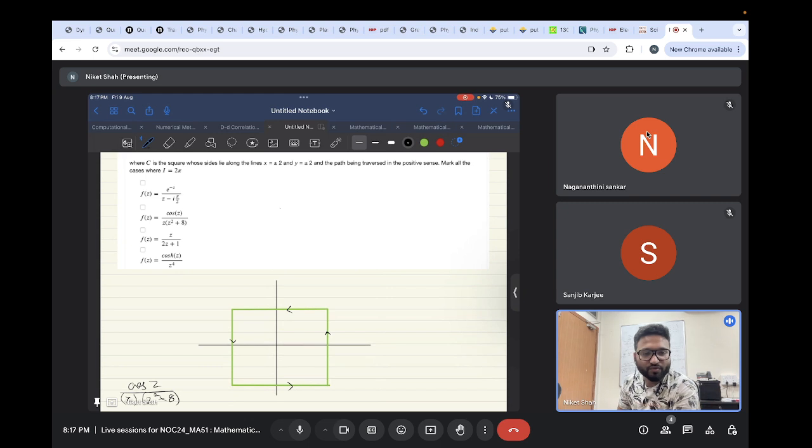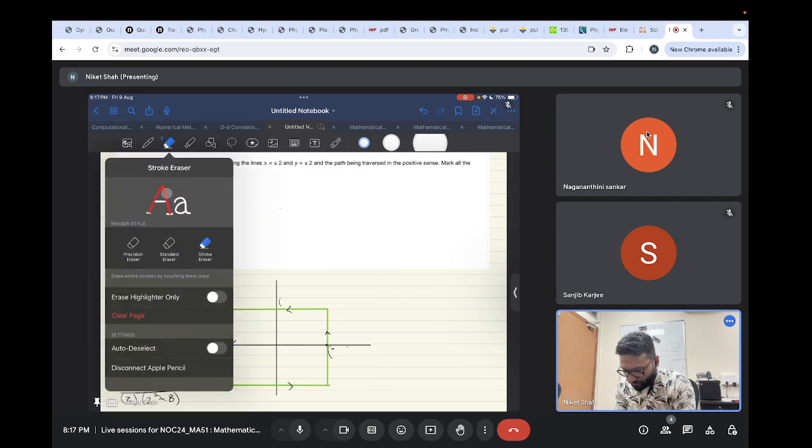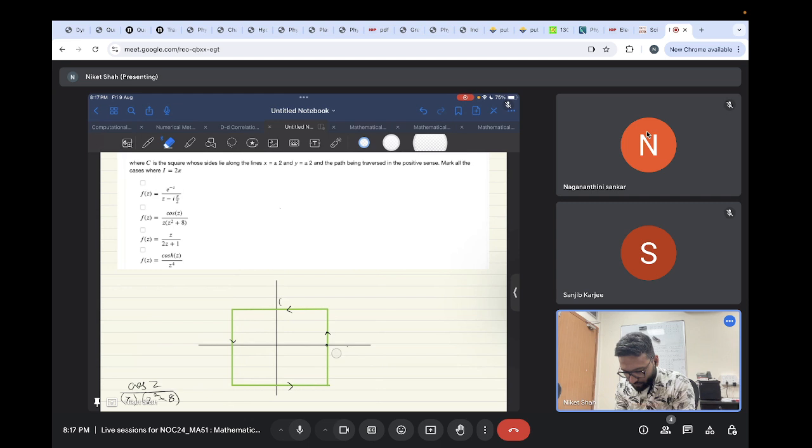z equal to plus 2 root 2 and minus 2 root 2 both won't lie inside, because this is 2 comma 0. Actually, I shouldn't be writing like this. I should be writing 2i, minus 2, minus 2i.